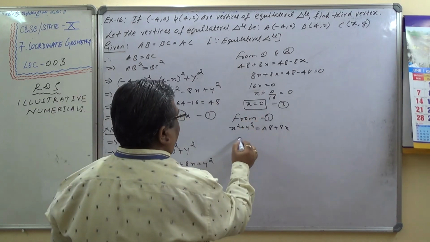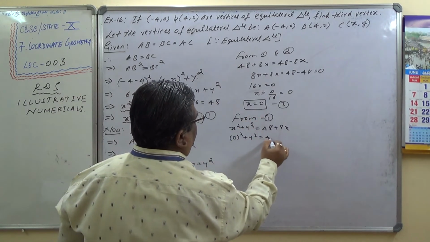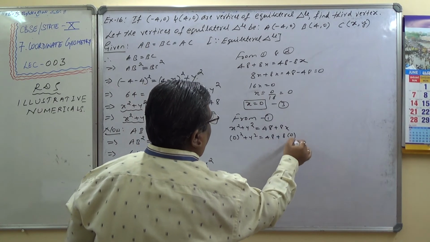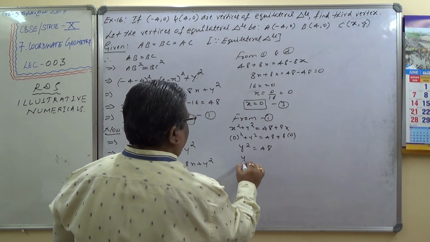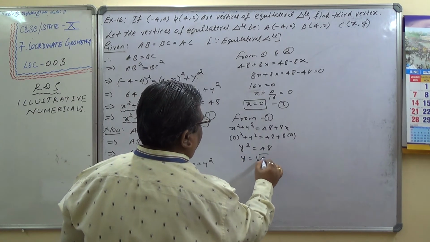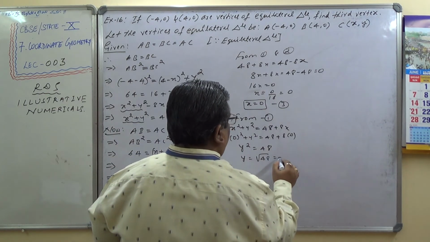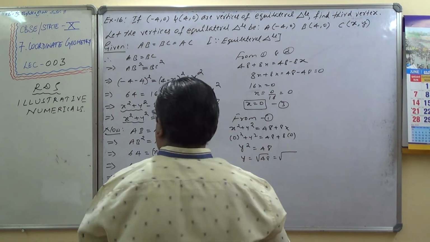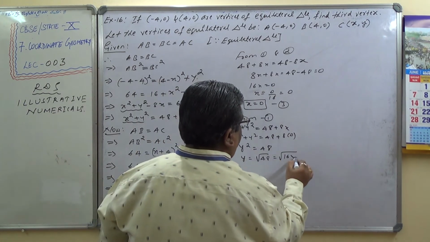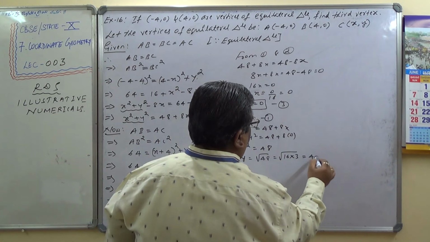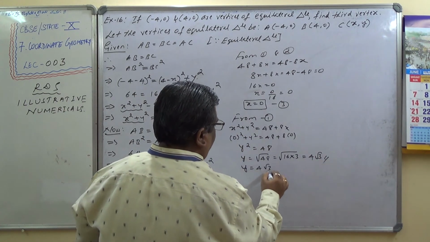Substitute x is equal to 0. So 0 the whole square plus y square is equal to 48 plus 8 times 0. So y square is equal to 48. y is equal to under root of 48, which is 16 into 3, which is 4 root 3. So y equals 4 root 3 units.